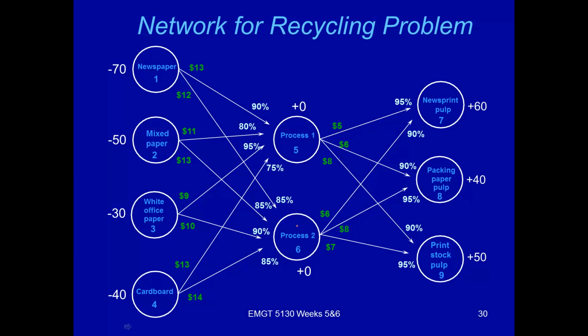It should be noted that because the yield from the first step of both recycling processes is general purpose paper pulp, we can send it to become the different specific pulps, so only the cost matters.